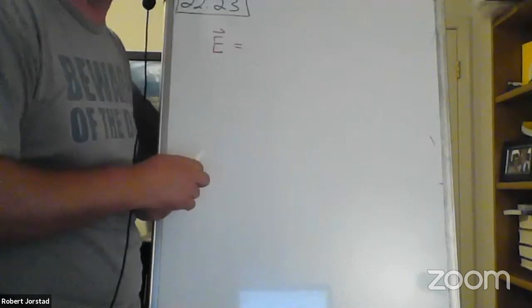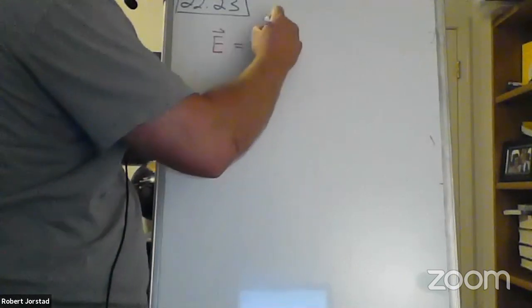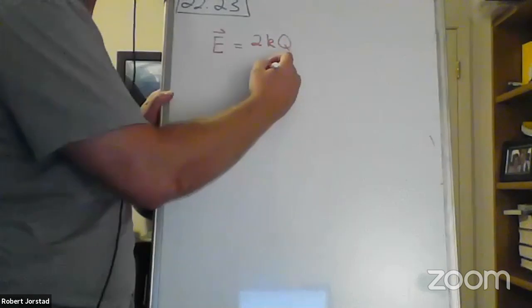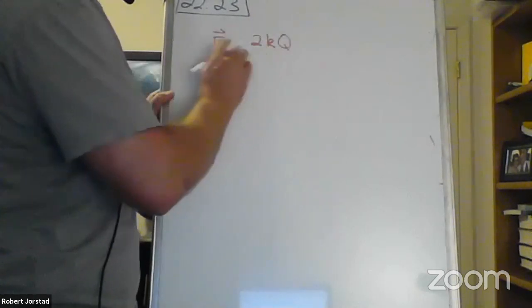All right, so in this case, I just got to write this down. 2KQ, and there's a negative j hat.